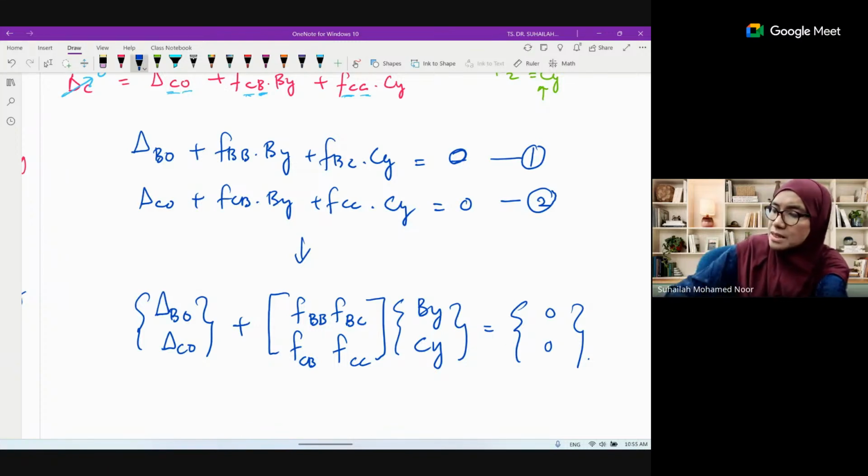Okay, so this is the standard format for the compatibility equation.